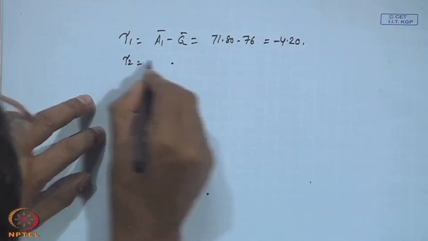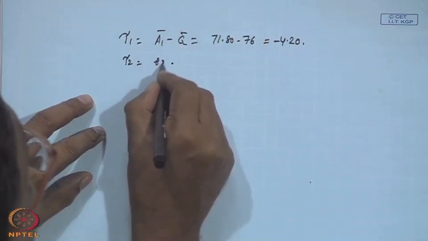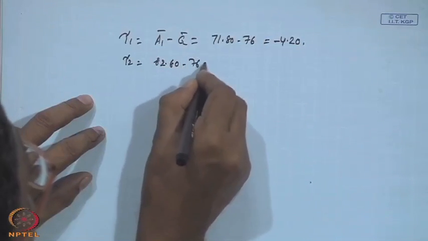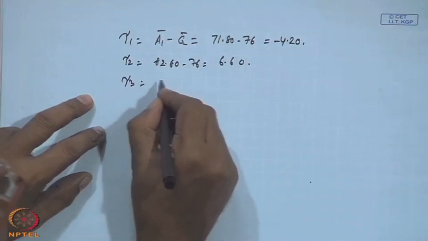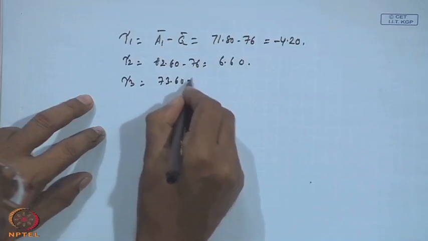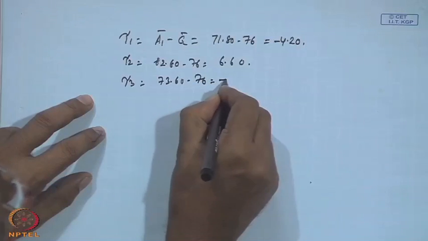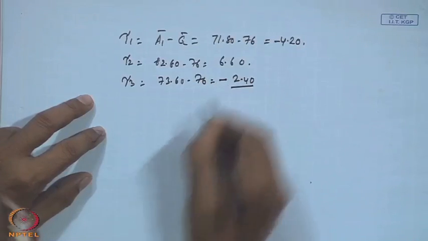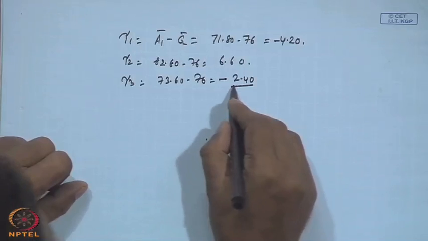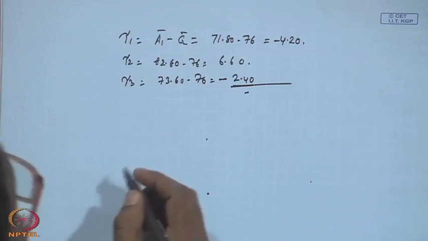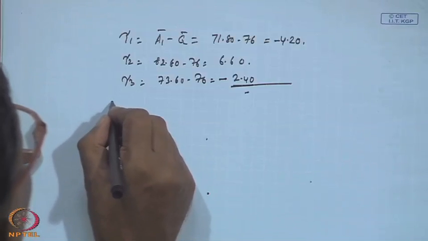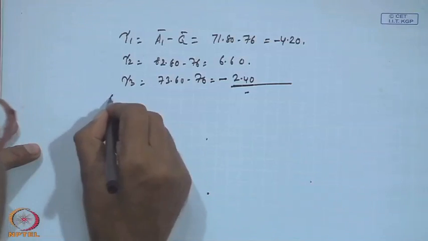So, similarly tau 2 will be 82.60 minus 76, 6.60, and tau 3 will be 73.60 minus 76, so minus 2.40, and the sum total will be 0. Then what do we want? We want to calculate also the error terms.